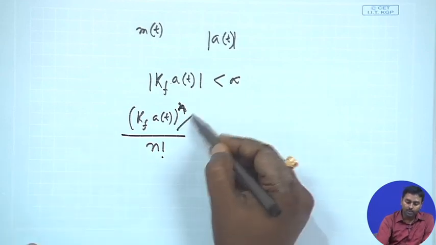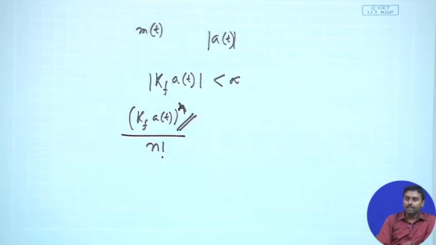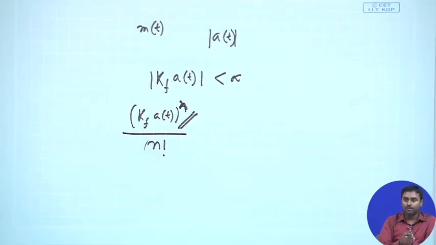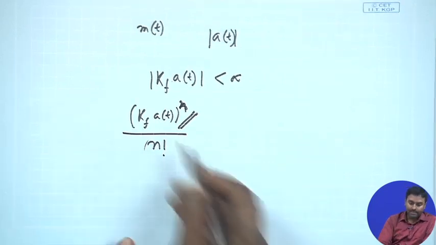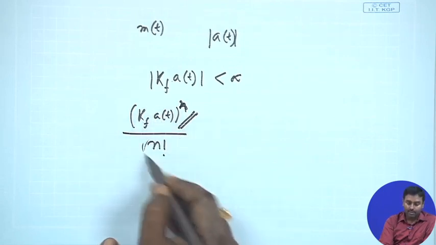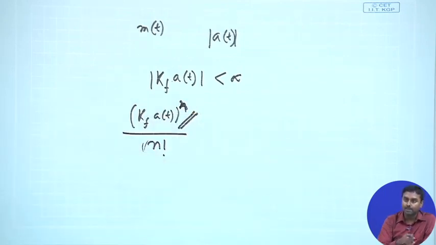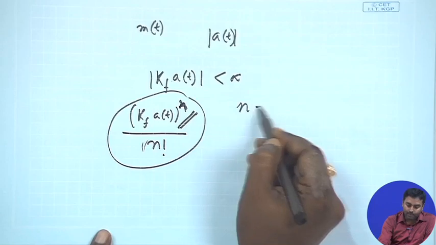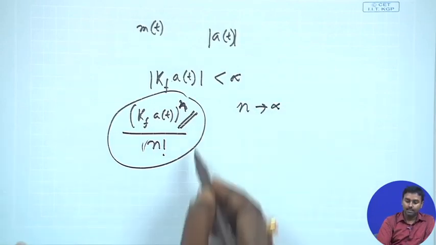We know that this polynomial term does not grow as fast as the factorial term, because in the polynomial term it is the same thing getting multiplied n times, whereas the factorial grows much faster. Once I already know this, I can say that as n approaches infinity, this will approach 0.